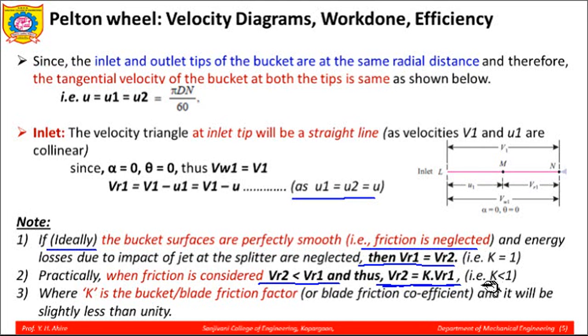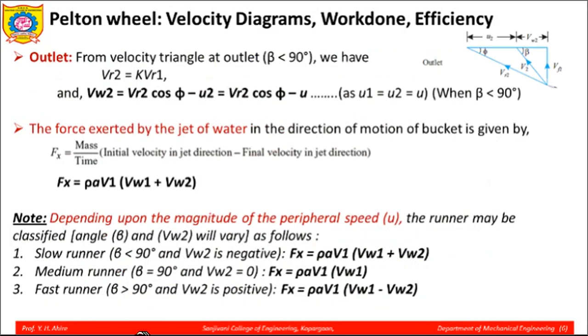For this, K is always slightly less than unity, where K factor is known as the bucket friction factor or blade friction factor. It is also known as blade friction coefficient, capital K. It is the ratio of relative velocity at outlet VR2 divided by relative velocity at inlet VR1.